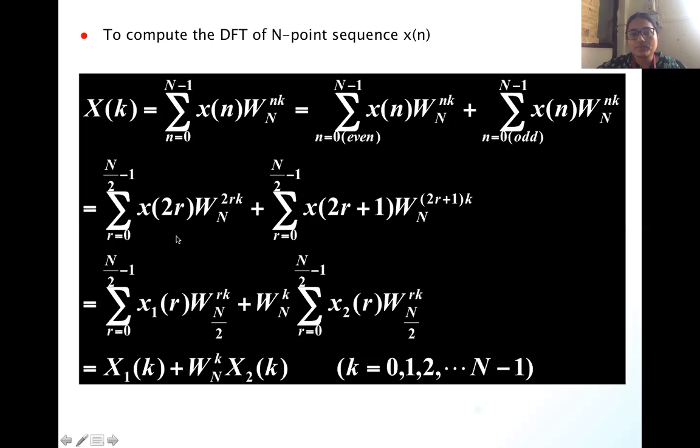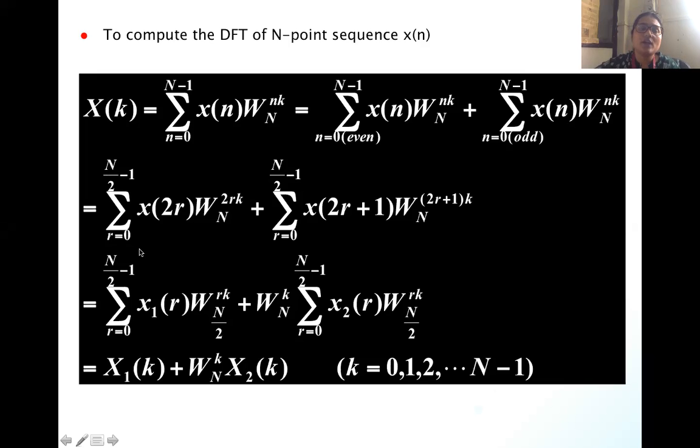This sequence consists of even points and this consists of odd points. The entire sequence is divided into half and the remaining half. So this half part consists of even points and this half part consists of odd points. So the equation we have written has r varying from 0 to n by 2. This index r is representing the half points of the entire n point sequence.